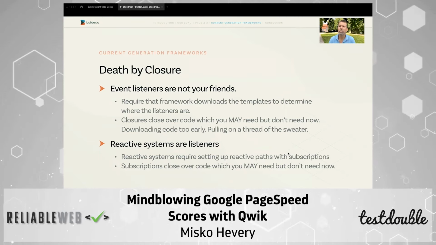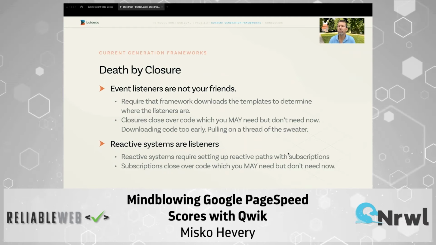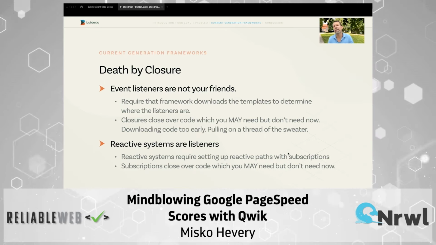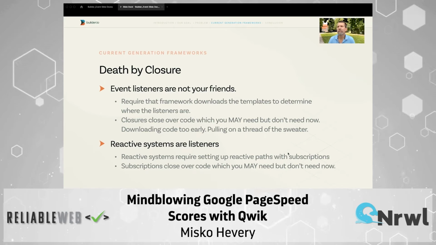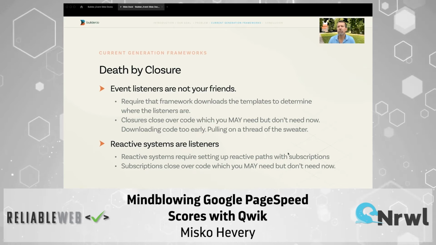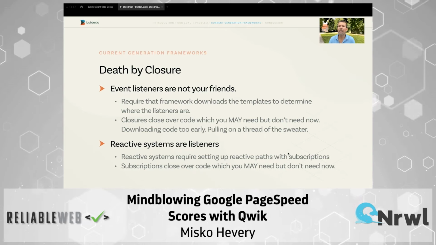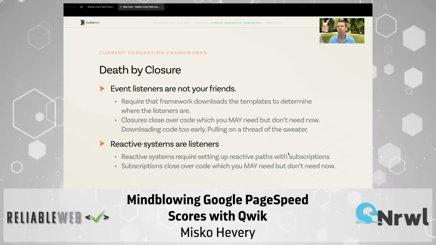Because closures close over code that they will execute once you invoke the closure, that means that code has to be eagerly loaded, right? So in the case of a click listener for a button, when you have a button that, for example, adds an item to the shopping cart, the instructions of how exactly one adds an item into the shopping cart are inside the closure and they're closed over.